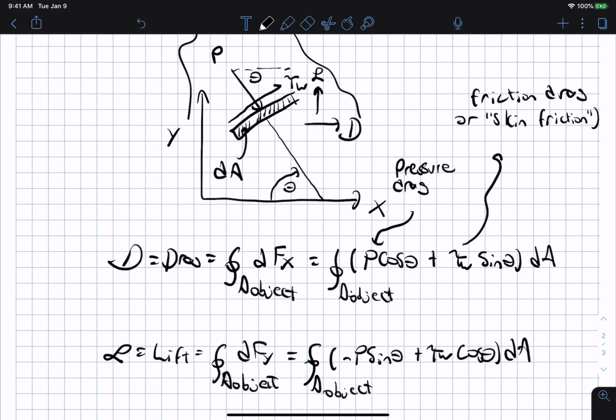Okay, and so essentially the name of the game here with external flow is to find the pressure distribution and the shear stress distribution on the surface of our object, so we can perform these integrals and then find the net forces acting on them. Okay.